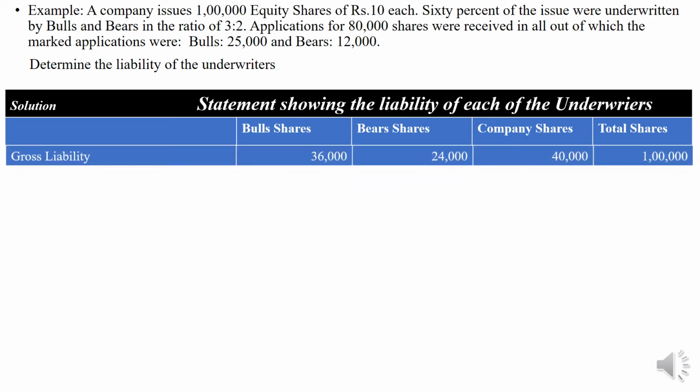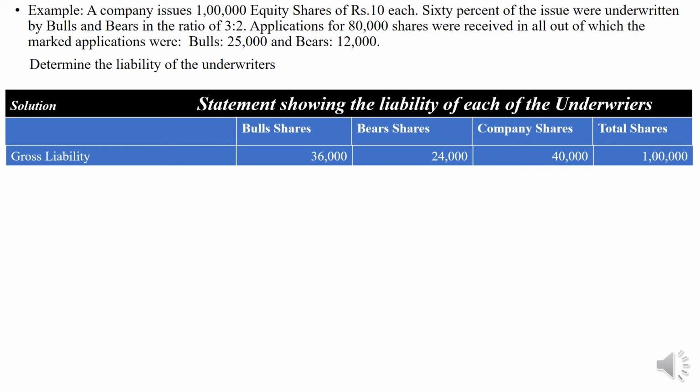So the gross liability: 1 lakh is to be divided between these. Out of 1 lakh, 60% of 1 lakh is 60,000. That 60,000 should be divided between these two underwriters in the ratio 3:2.